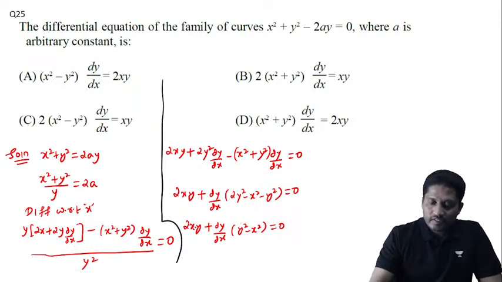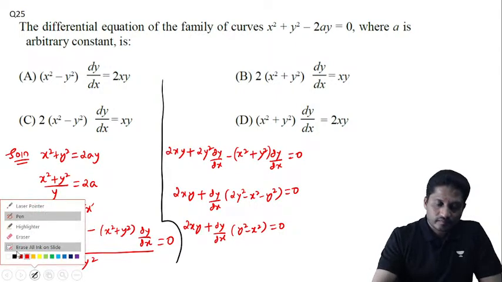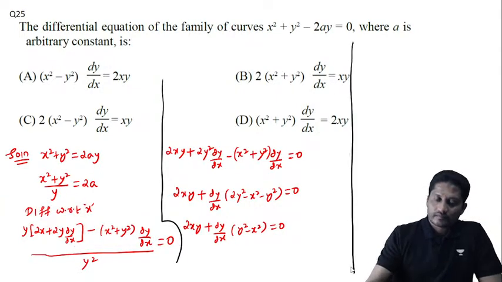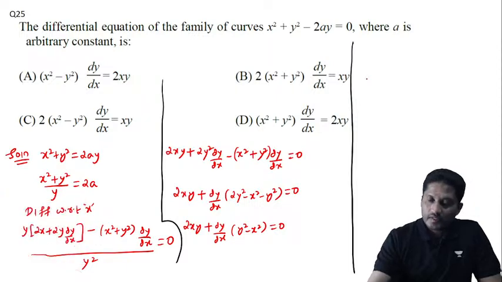Now if I shift to the right side, this is 2xy. 2xy is equal to minus of y square minus x square into dy by dx.